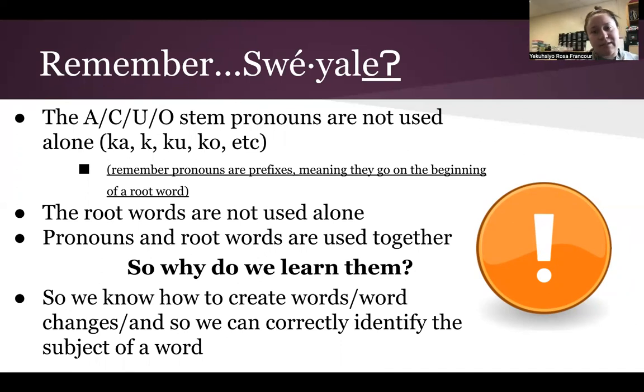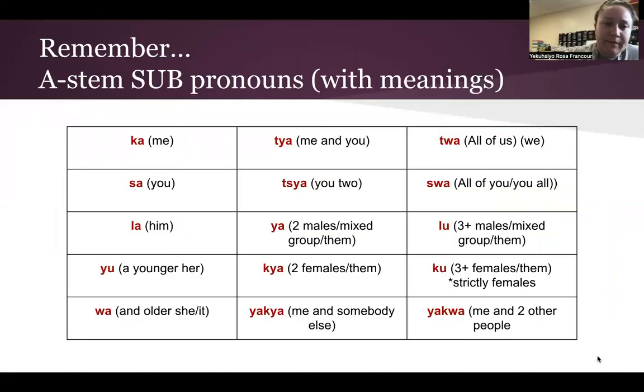Pronouns and root words are used together. So why do we learn them? Because we need to know how to create words. We need to know how to create verbs. We need to know how to create word changes, verb changes, so we can also speak and correctly identify the subject of a word and know the meaning of a verb and what we're talking about. We are building the blocks. We're creating building blocks in our minds in speaking. So that's what this is all about.